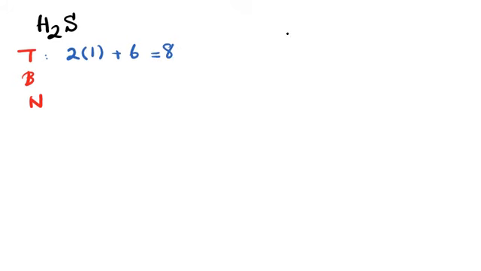Let me write S with hydrogen on the left and hydrogen on the right. With 2 bonds here, it means 4 electrons: 1, 2, 3, 4. Each bond means 2 electrons. So I just used 4 electrons here. 8 minus 4, we have 4 valence electrons left.